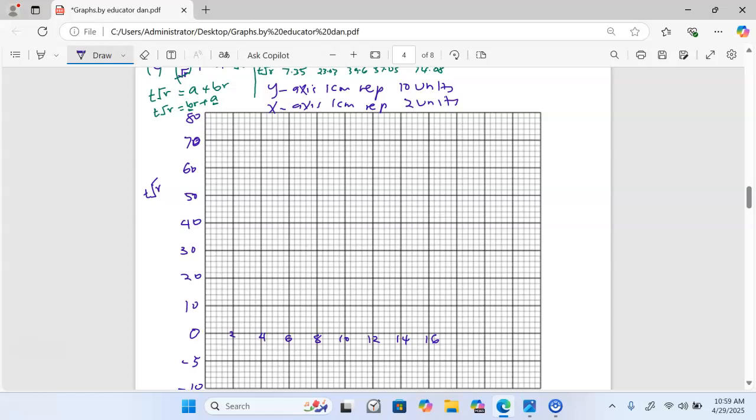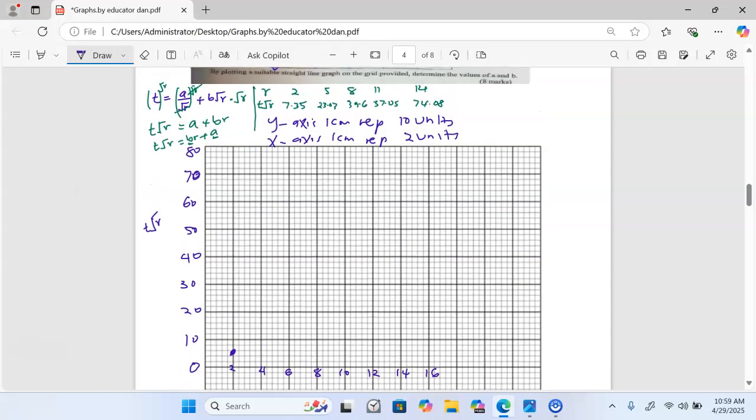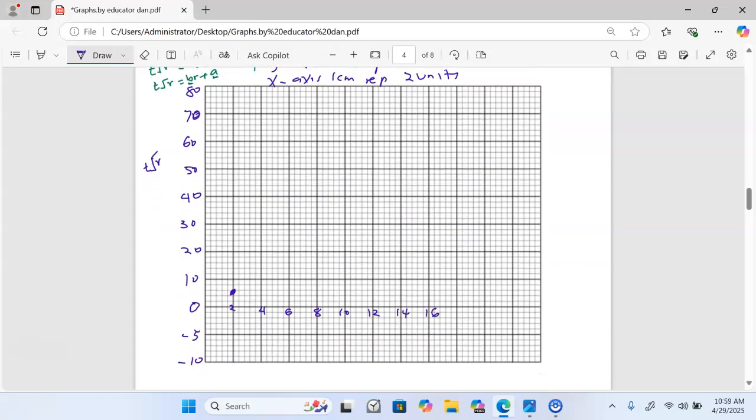That means we have 2, this is 4, this is 6, and of course 7 is going to be around this part here. Then we move to the second one, where R is 5 and T root R is 23. 5 is between 4 and 6, so we are going to have 23.